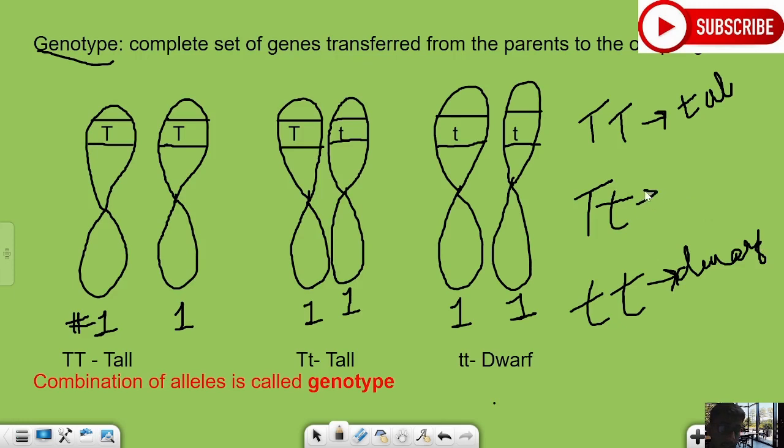Even though there is a recessive form, small t, in a sexually reproducing organism, in this condition the organism will be tall.